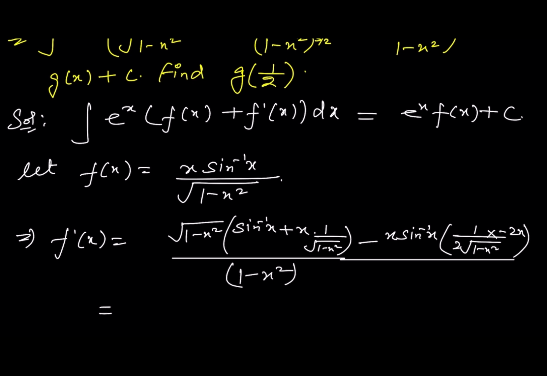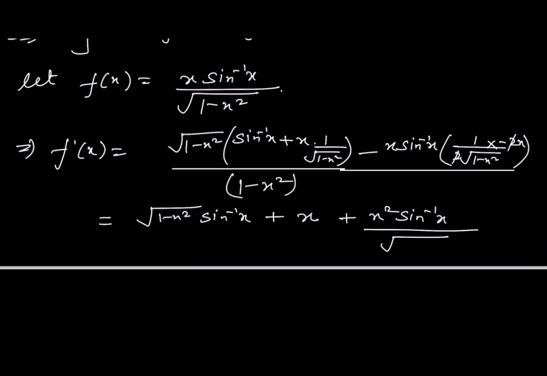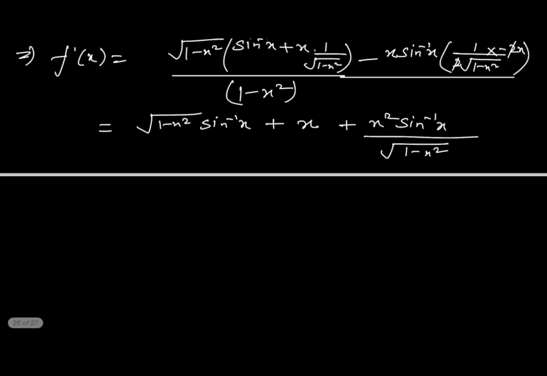Okay, so the 2 cancels out, and it becomes root over 1 minus x square sine inverse x plus x minus, plus x square sine inverse x upon root over 1 minus x square, or whole, divided by 1 minus x square.